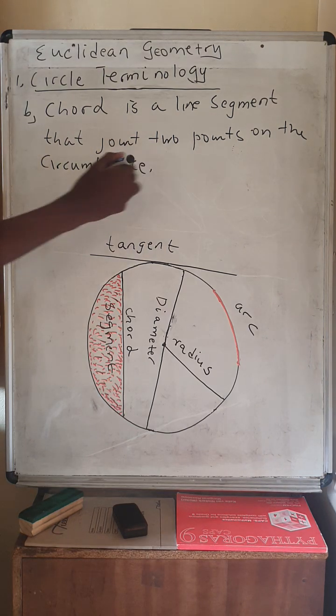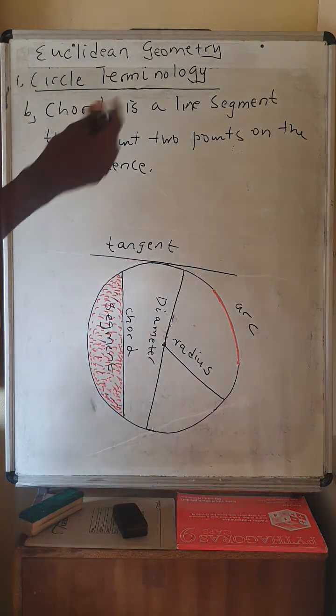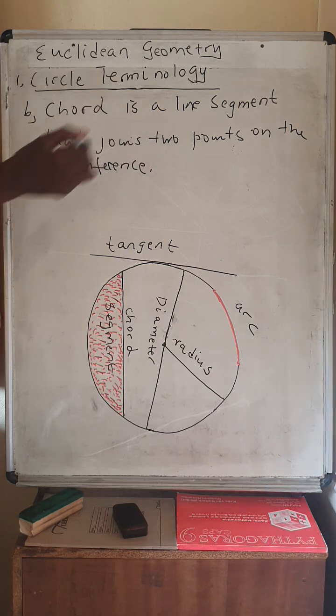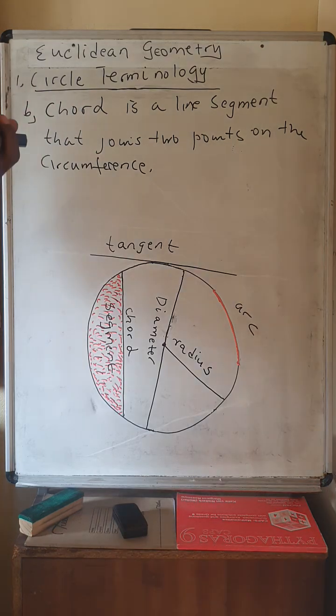That's how we define a chord. A chord is a line segment that joins two points on the circumference of a circle.